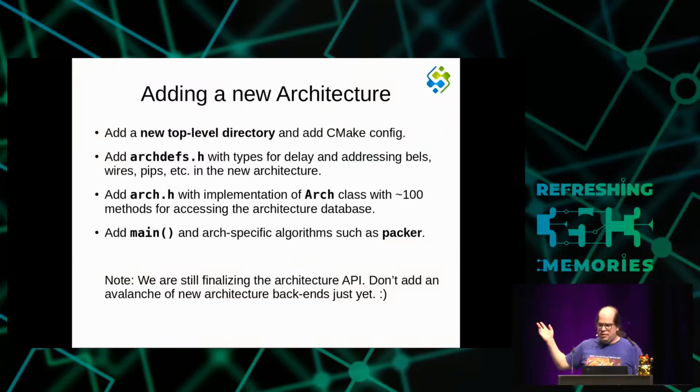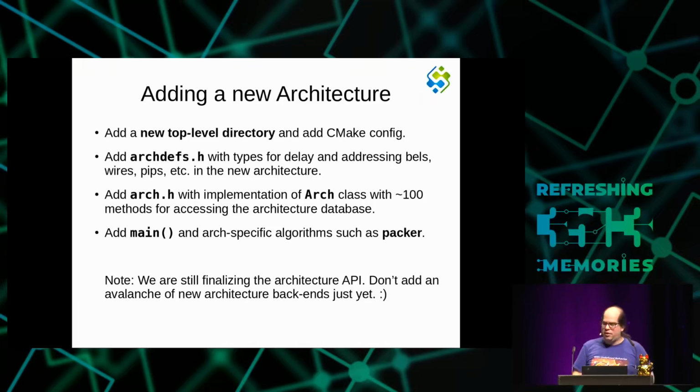Okay, so this architecture API, it's settling down right now. We haven't changed much lately. There are still a few things that I want to change. Long term, we need to freeze it somehow, but it's still a little bit moving. So don't implement like 100 architectures at the same time right now. Go at it slowly, one by one. Also, with each architecture we add, we might identify a new thing that we actually need as functionality in that architecture API.